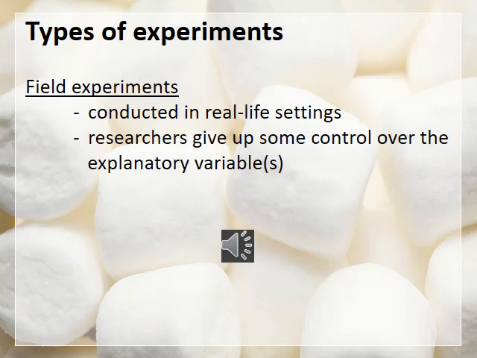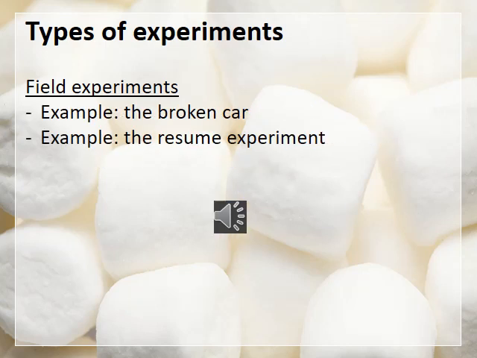But you kind of have to give up some control because you do the experiment in a real life situation. You lose control, you lose a certain control on lurking variables as well, because in a real life context, things happen. You don't control everything. I will give you examples in the next slide, and you will understand really well what a field experiment done in a real life situation is.